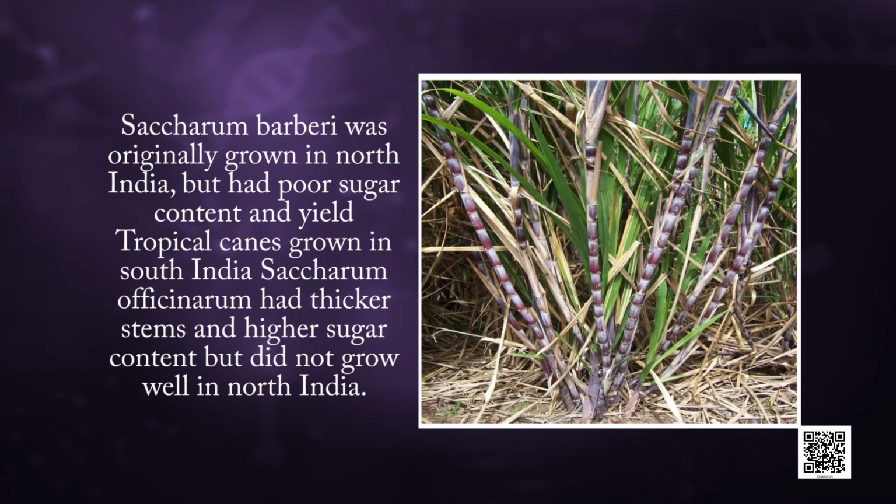Tropical cane grown in South India, Saccharum officinarum, had thicker stem and higher sugar content, but did not grow well in North India. These two species were successfully crossed to get sugarcane varieties combining the desirable qualities of high yield, thick stem, high sugar and ability to grow in the sugarcane areas of North India.